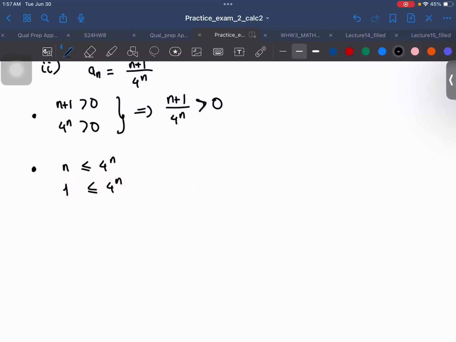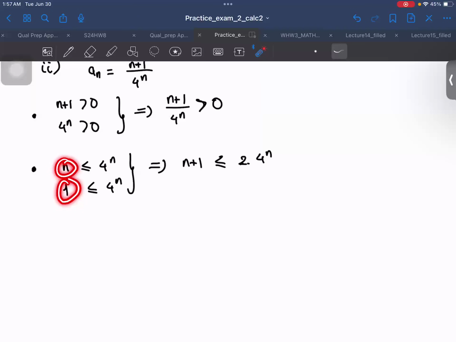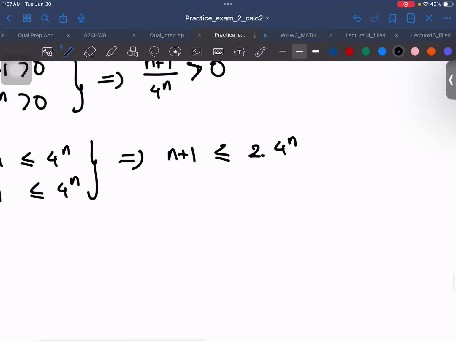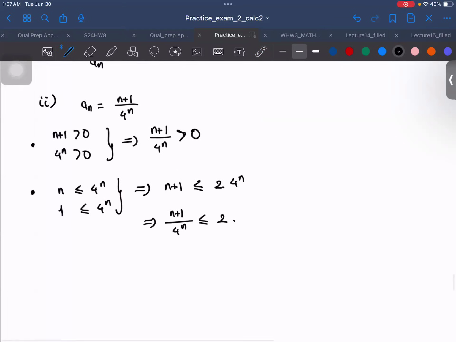So from here, if I add term by term, I can say that n plus 1 will be less than 4 to the n plus 4 to the n, which is 2 times 4 to the n. And from here, as I divide both sides by 4 to the n, I have my sequence is bounded from above by 2.